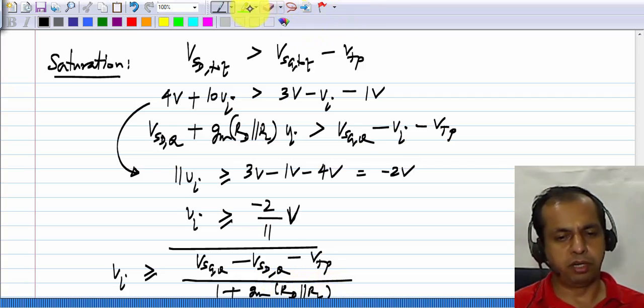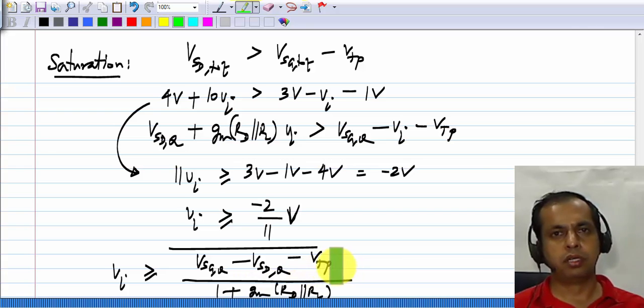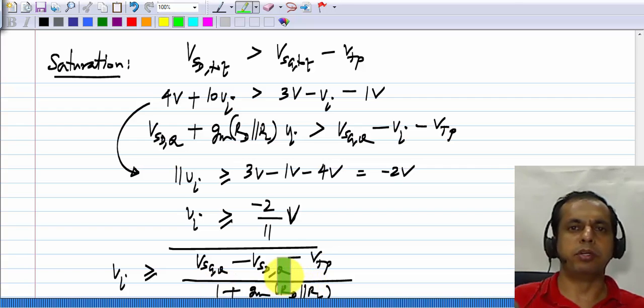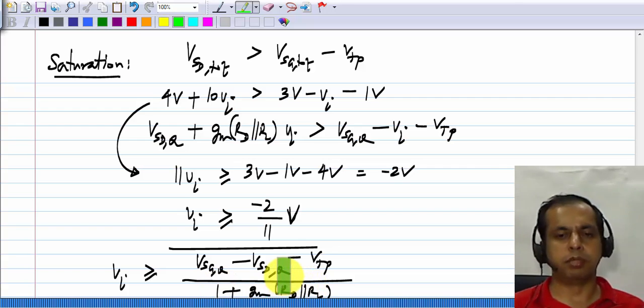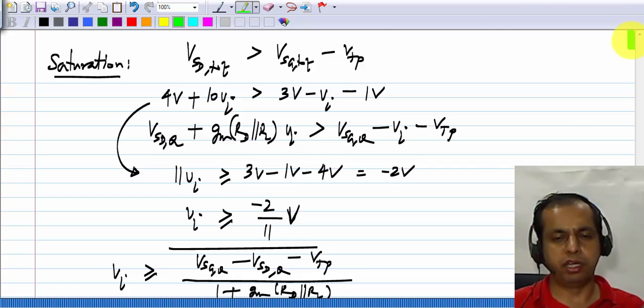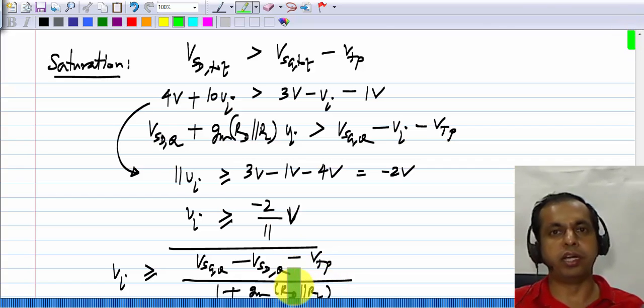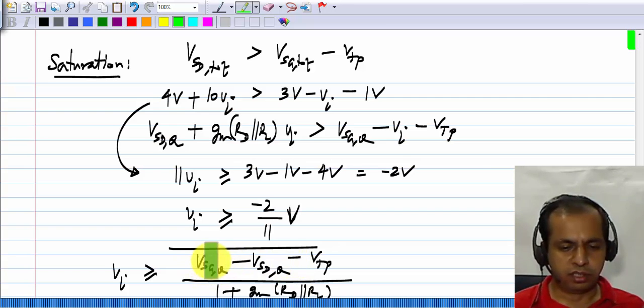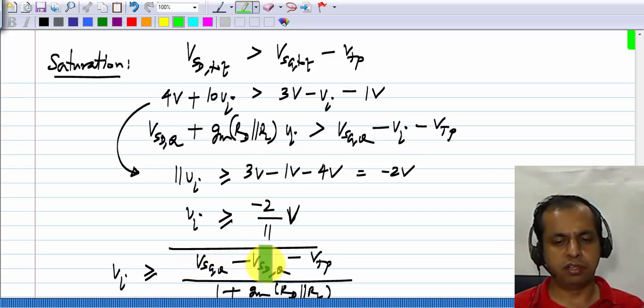I have already explained why these terms come about. In case of the NMOS amplifier, we have 1 plus GM in the denominator because the gate voltage is changing by 1 unit, whereas the drain is changing by gain units. So the gate drain voltage is changing by 1 plus gain units. And if you look at the numerator, this difference is the quiescent gate drain voltage, or the negative of the quiescent drain gate voltage.